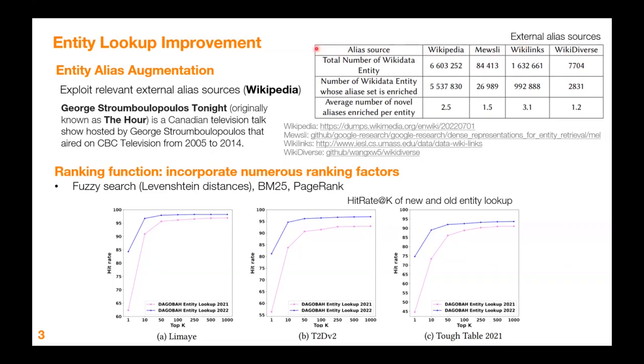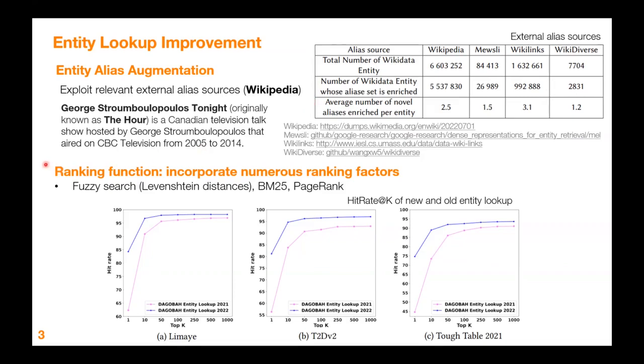The table on the right shows some statistics on the contribution of each alias source to the augmentation of Wikidata alias. It shows we are able to add from 1 to 3 new aliases on average per entity and per source, and this largely improves the coverage of the lookup.